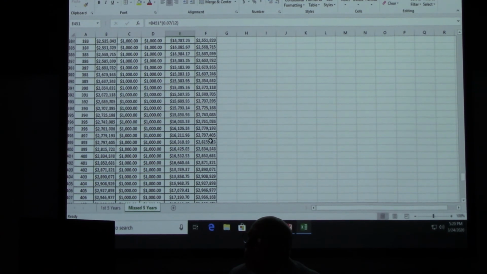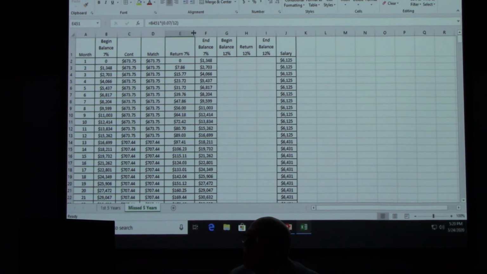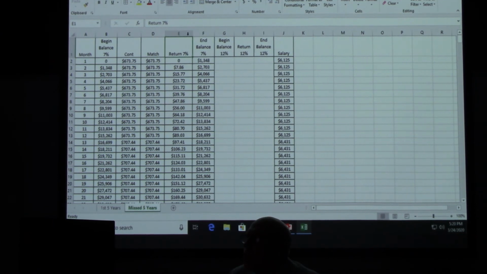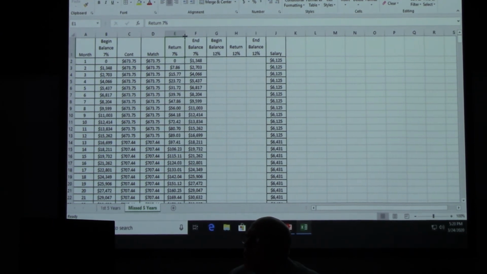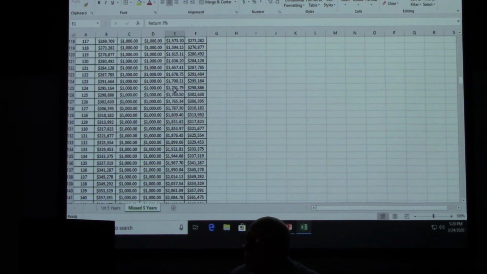If you want to know what it would be if we had gone the 12% route, we can go way up here. Let's wrap text that, and close that. There you go. And make sure we didn't make it too small.